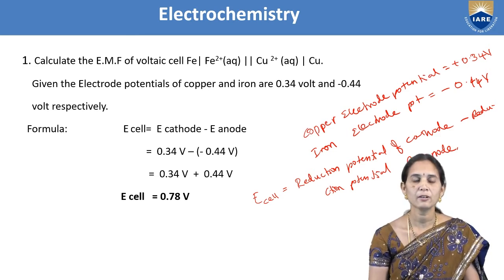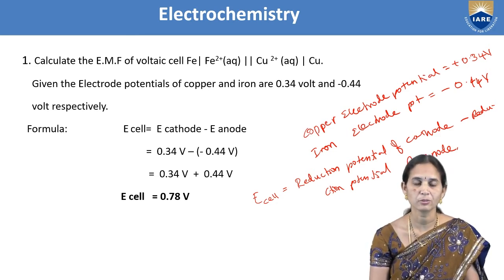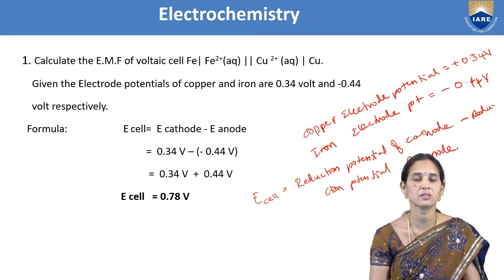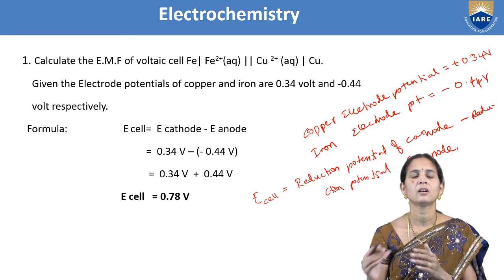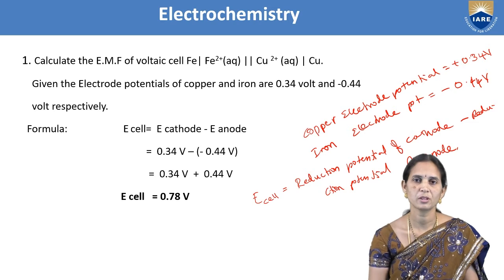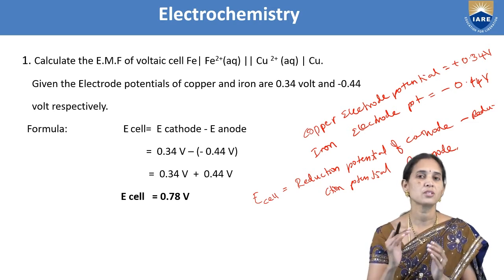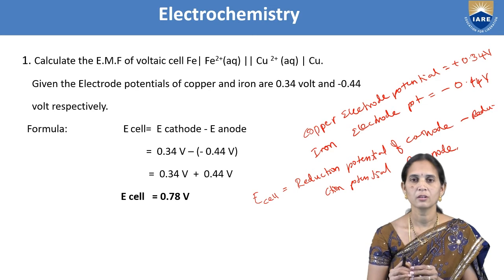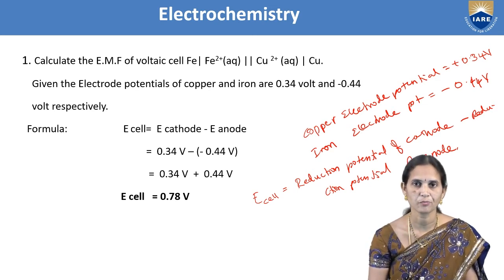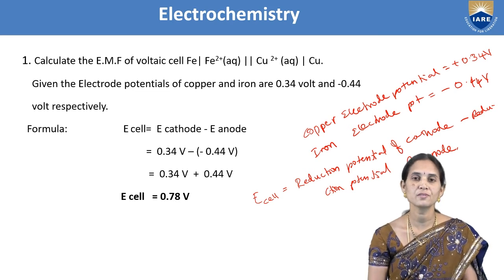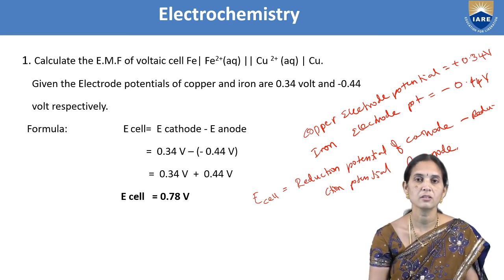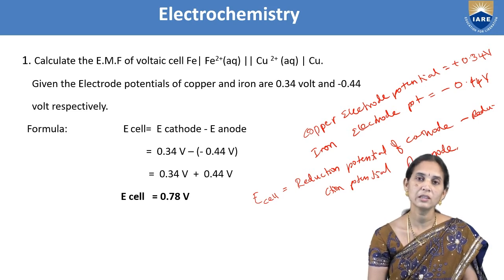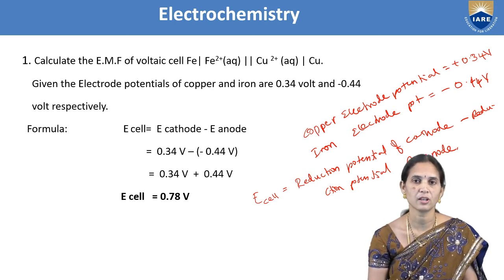The electrodes which act as a cathode, which undergo reduction reaction, for all those electrodes we give the positive sign. So remember, the electrodes undergoing reduction reaction get a positive sign, and the electrodes undergoing oxidation reaction get a negative sign.